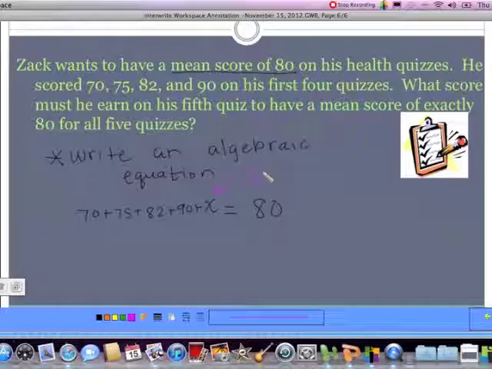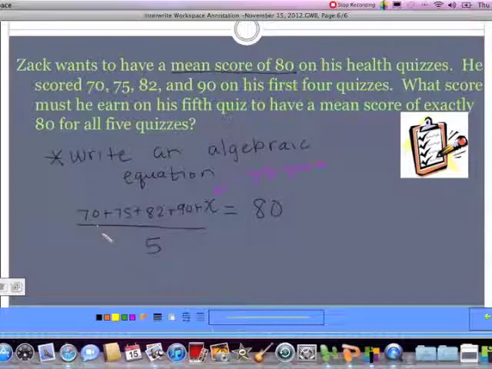The X represents the 5th quiz to have an average of 80. So what we would normally do is add up all the quizzes, quiz 1, 2, 3, 4, and 5, and then we would divide by however many quizzes he had, which is 5. This is your algebraic equation that you want to set up.